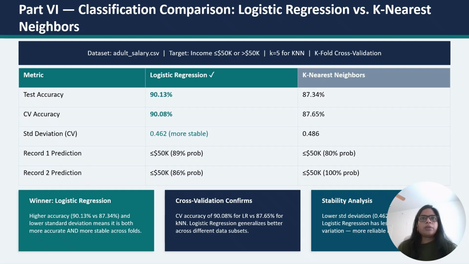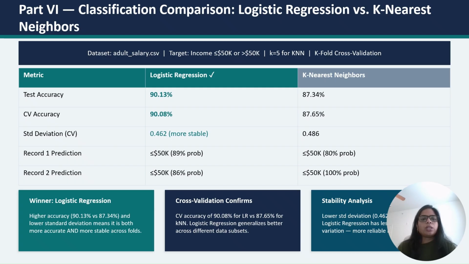After we did the k-fold cross validation test to evaluate both the models, logistic regression cross validation accuracy was 90.084%, whereas the k nearest neighbor cross validation accuracy was 87.65%. By seeing the above, we can conclude that logistic regression will perform better since it has higher accuracy.